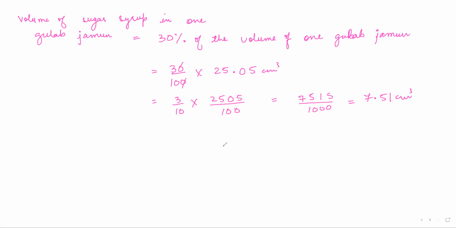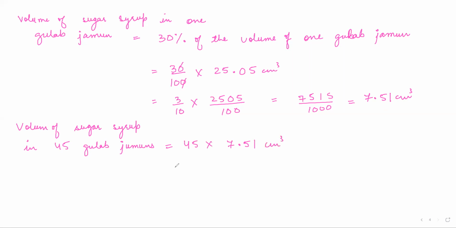So this was volume of sugar syrup in 1 gulab jamun. Now you have to find the volume of sugar syrup in 45 gulab jamuns. So this is 45 and multiply by this thing 7.51 centimeter cube. This you can multiply. Please multiply this and tell me what you are getting.